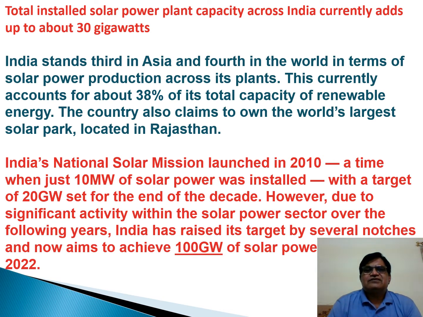As far as 2020 is concerned, we will certainly cross the 30 gigawatt limit, which is almost 1.5 times the goal that was set 10 years back. That goal was to achieve 20 gigawatts.